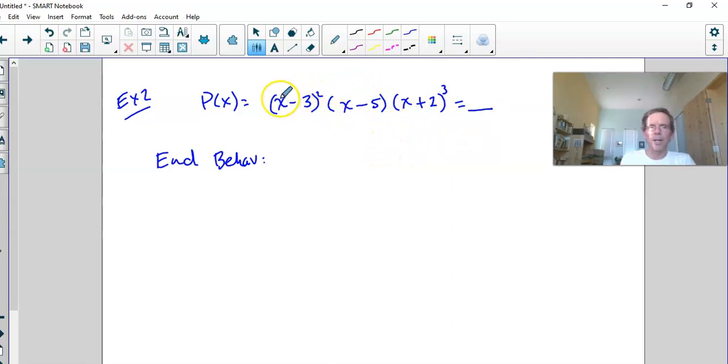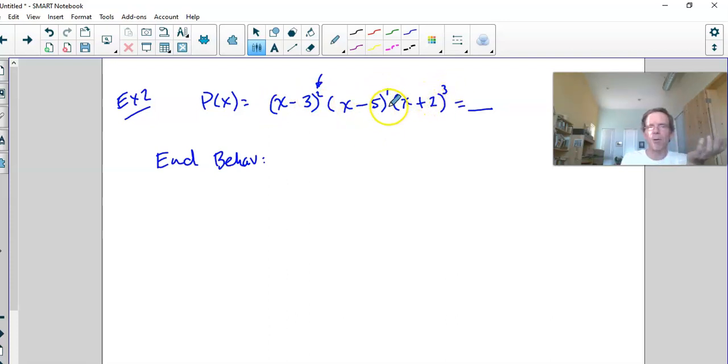If we multiplied all the x's together, we wouldn't just get x cubed here, because the first binomial is squared. That means that this zero of 3 has a multiplicity of 2, so it's like x squared here. The next one's x to the first, and the next one's x cubed.